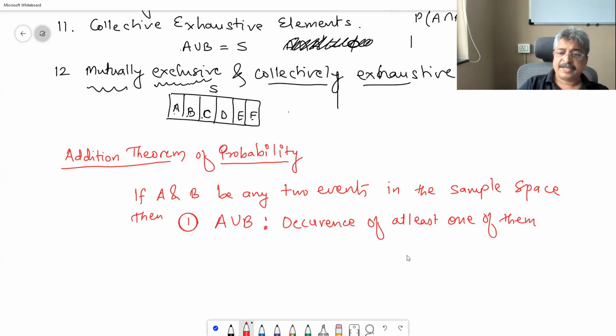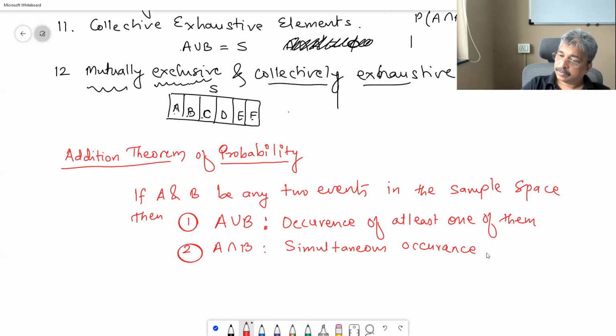So occurrence of at least one of A or B is A union B. Second, A intersection B: simultaneous occurrence of A and B. The element should be in A as well as in B. So this is AND. This is OR.